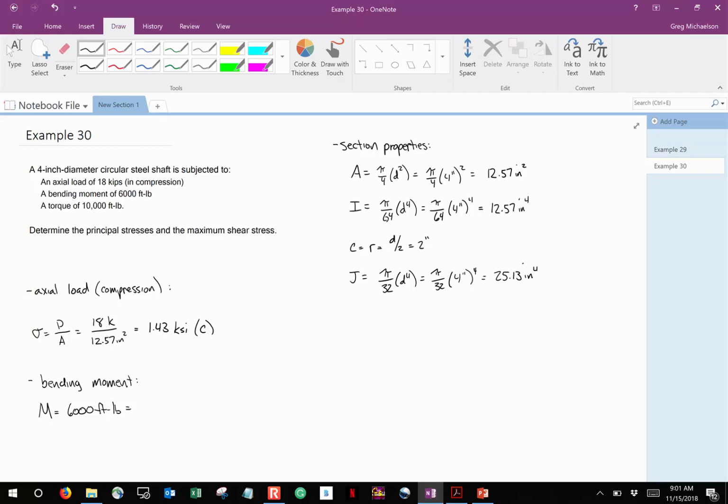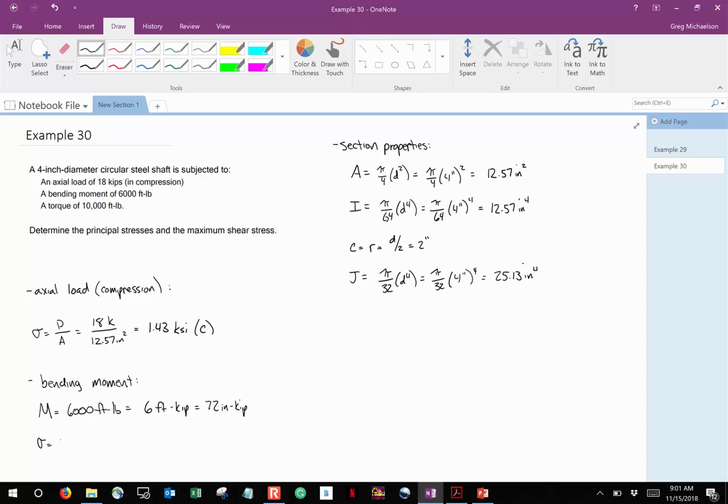Let's make sure everything else is in kips and inches. So 6,000 foot-pounds is 6 foot kips, dividing by 1,000, and 6 foot kips is 72 inch kips, multiplying by 12. As for our bending stress, we're looking for a worst case scenario. If you have a circular cross section, the centroid is in the middle, so maximum stresses are at the top and the bottom.